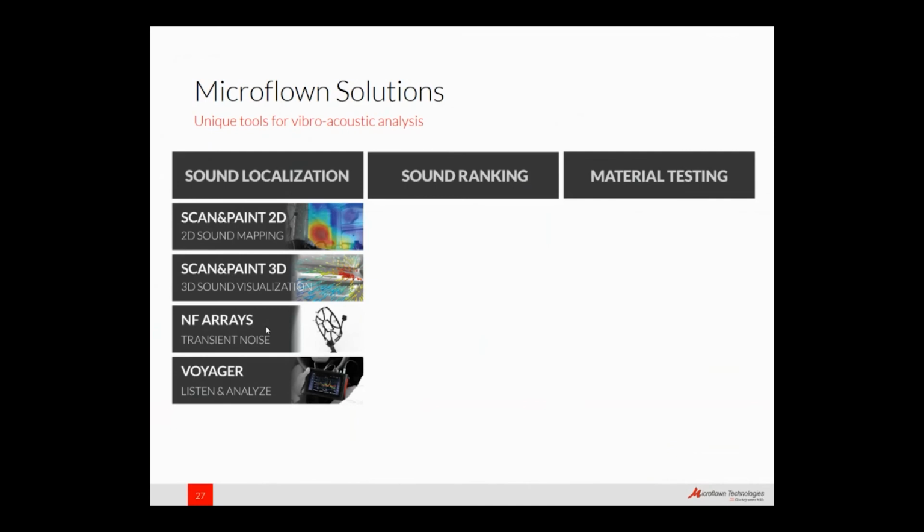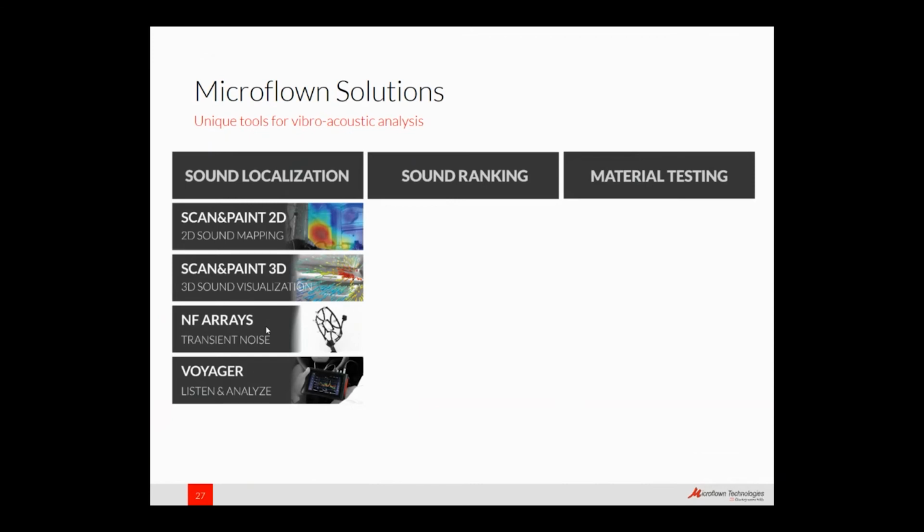We have solutions like Scan and Paint 2D that help you create a 2D sound map very fast and easily, just overlaying a heat map for acoustics over an image. Then we move the whole application to 3D with Scan and Paint 3D, where we can get 3D sound visualization over a 3D model.